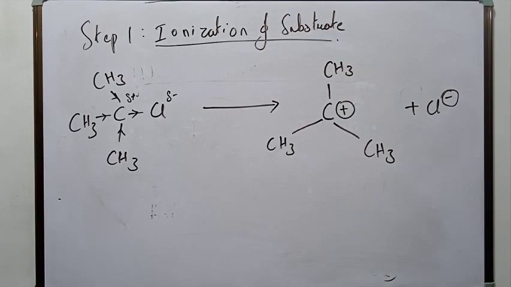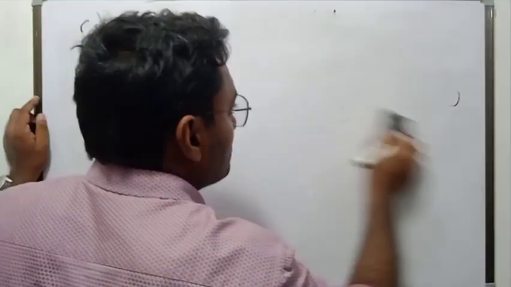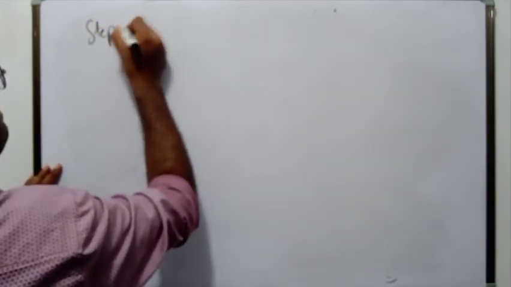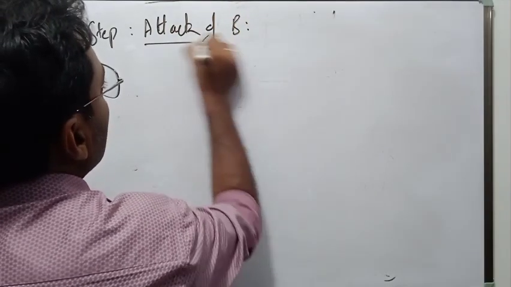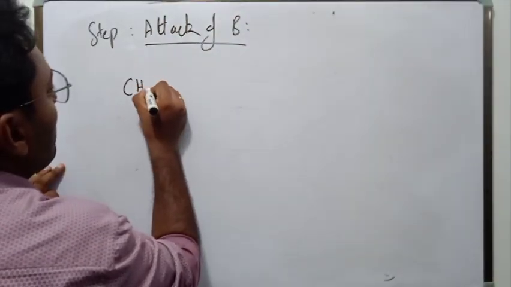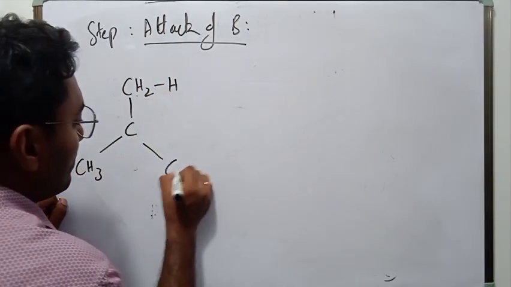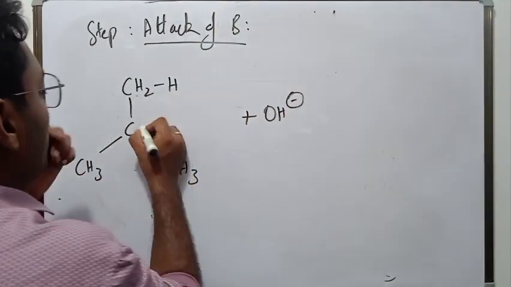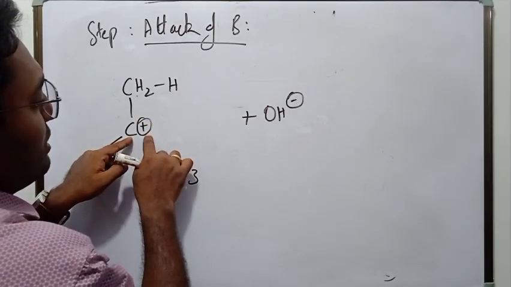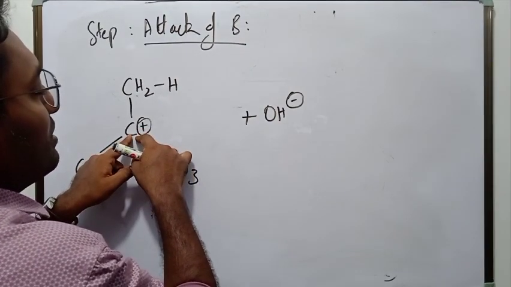Step number 2, attack of base. Let us see the carbocation. This is the carbocation now. The base may be sterically so bulky that even after the elimination of Cl minus, the base is not able to enter here and attack the positively charged carbon atom.